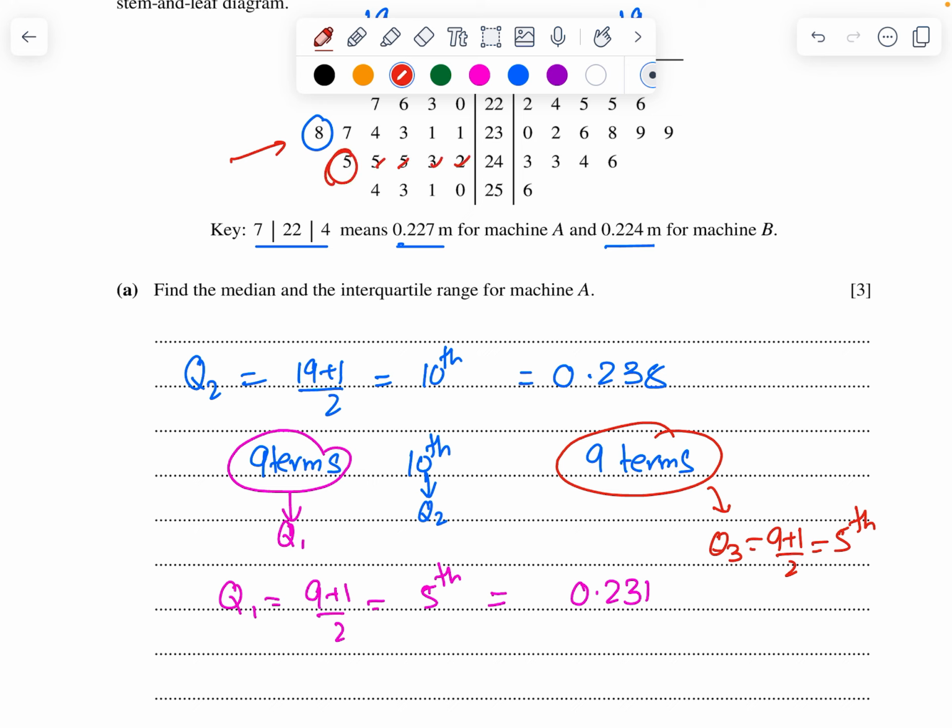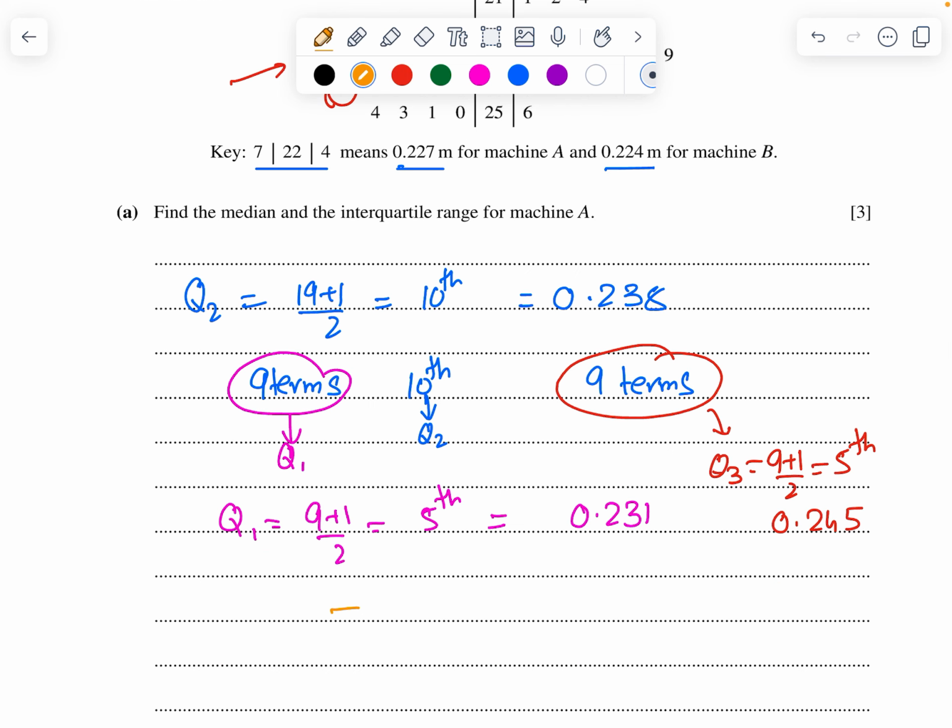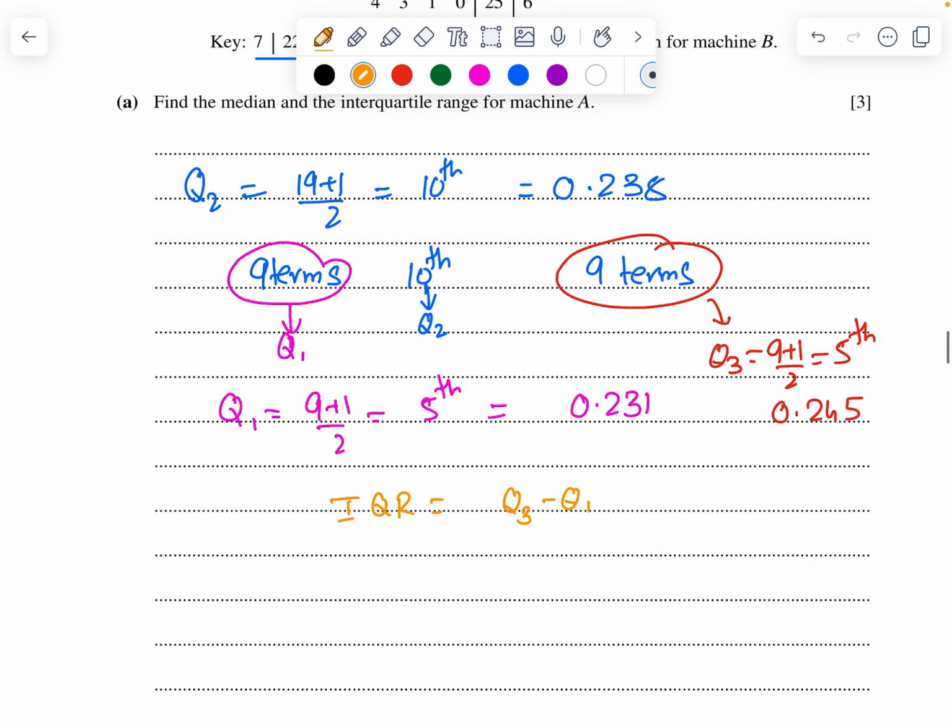This is going to be my Q3, which is 0.245. Now I have to find the interquartile range. So the interquartile range is Q3 minus Q1, which is 0.245 minus 0.231, which is 0.014.